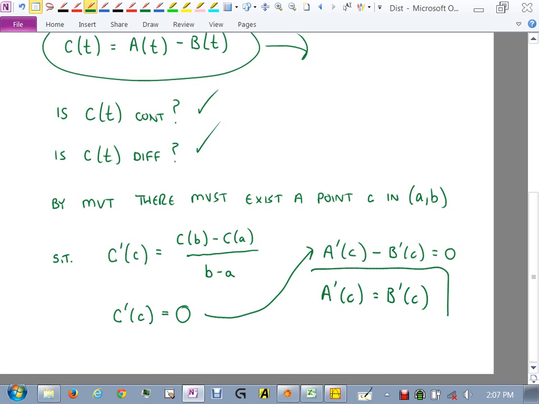And what does this statement say? There's a point C somewhere inside the interval AB where the derivative of A is equal to the derivative of B. What's the derivative of a function if that function represents distance and time? Speed. It's velocity. This is saying the velocities are the same at some point in time.